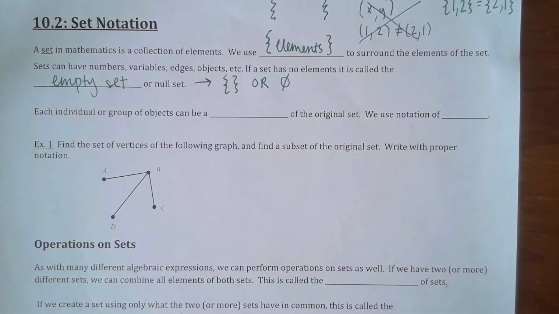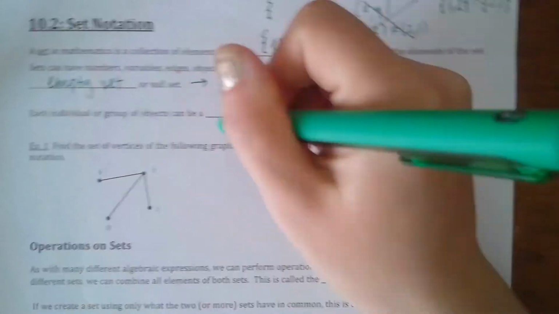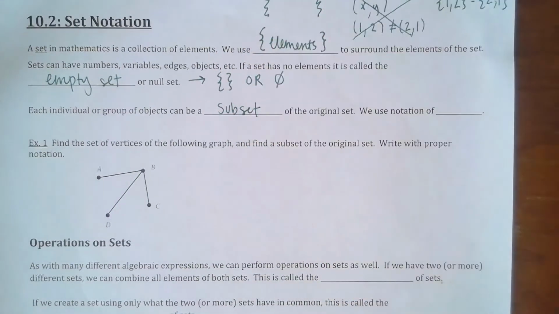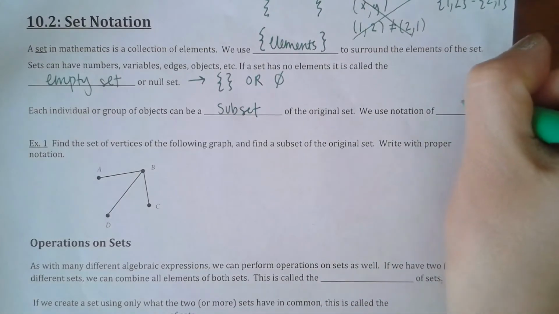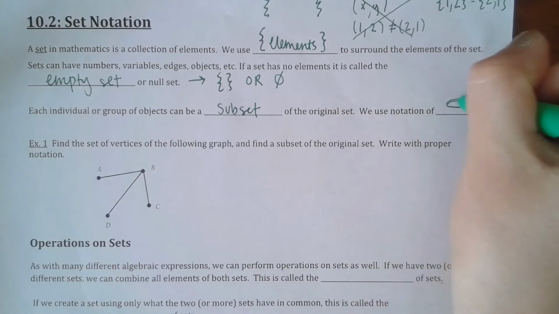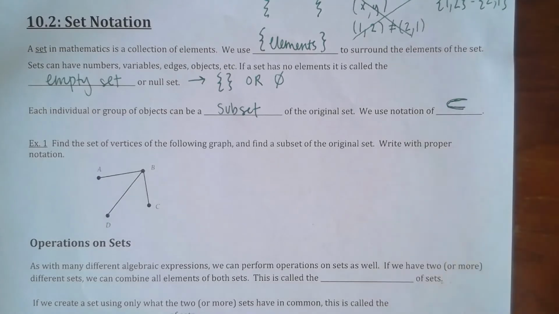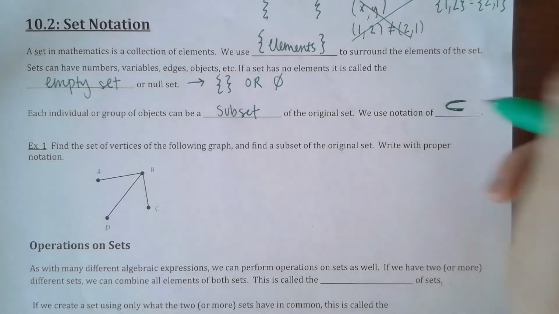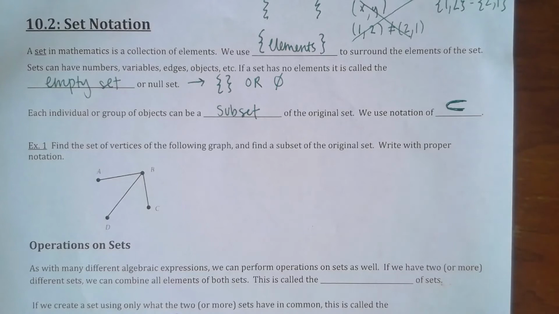Each individual or group of objects could also be representing a subset of an original set. We use a specific notation, kind of like a C, but it's elongated. So it looks something like this. So that tells you that it's a subset of something else.